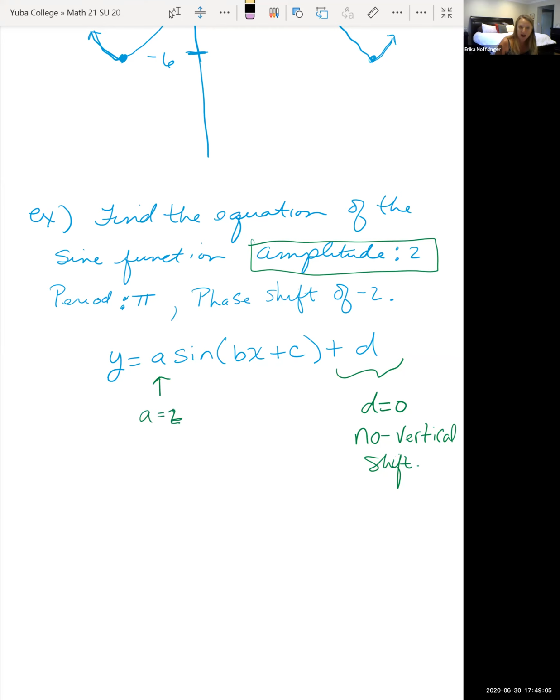Our phase shift and our period. This is where the formulas actually come in helpful. The phase shift was C divided by B, and I know that this is equal to -2.